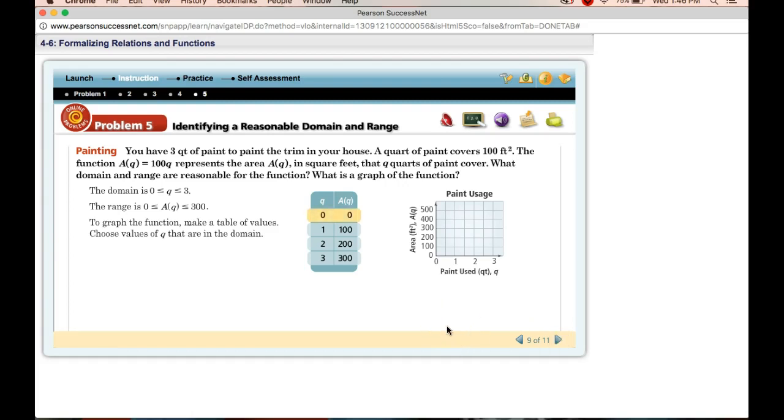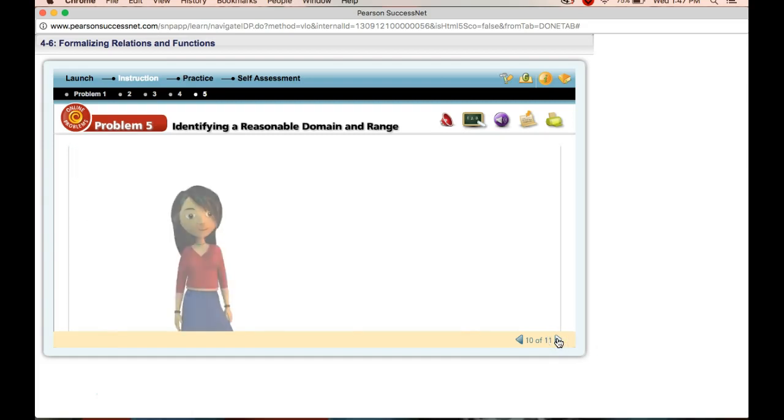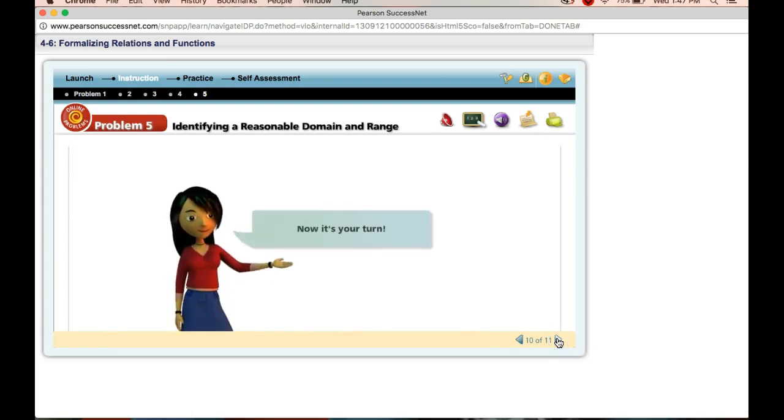Plot each point from the table of values. The graph is a line segment that extends from the point 0, 0 to the point 3, 300. Now it's your turn.